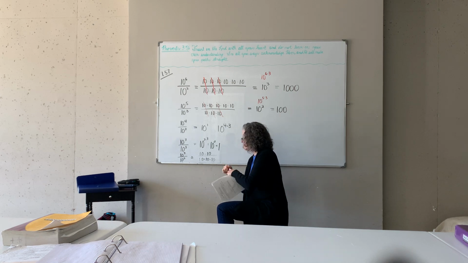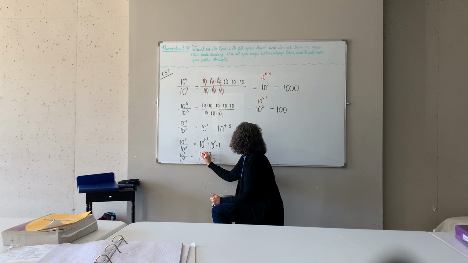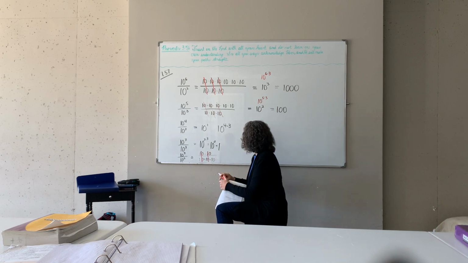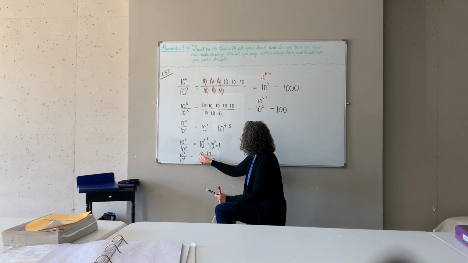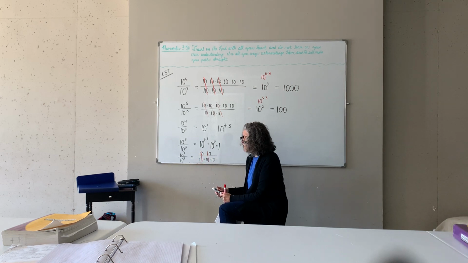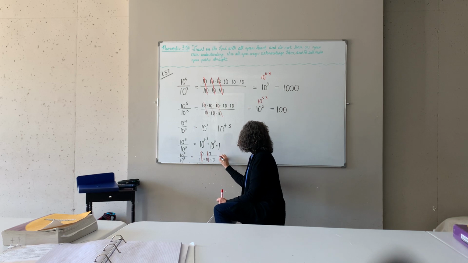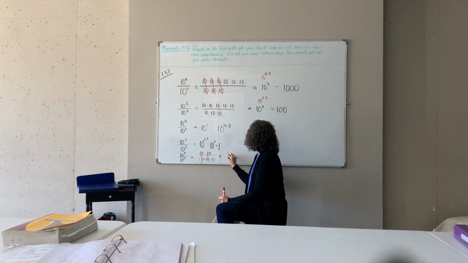Now wait a second, is that a 0 in the top? Yes. Well, when I divided, how many tens are in here, 1, how many tens are here, 1. So there's a 1 in the top, right? So that's equal to 1 over 10, okay?